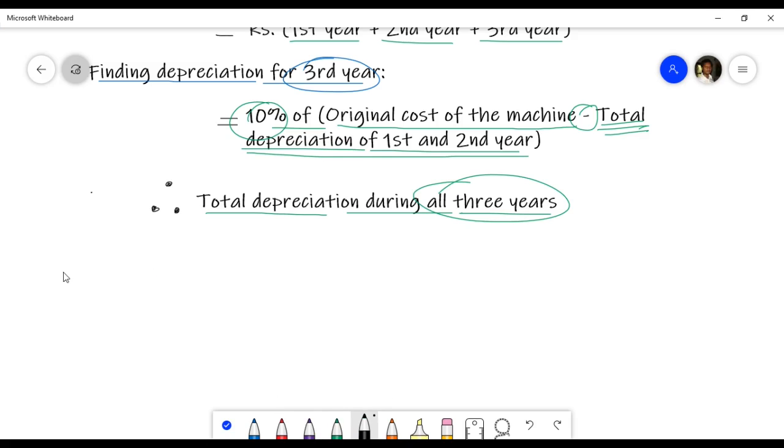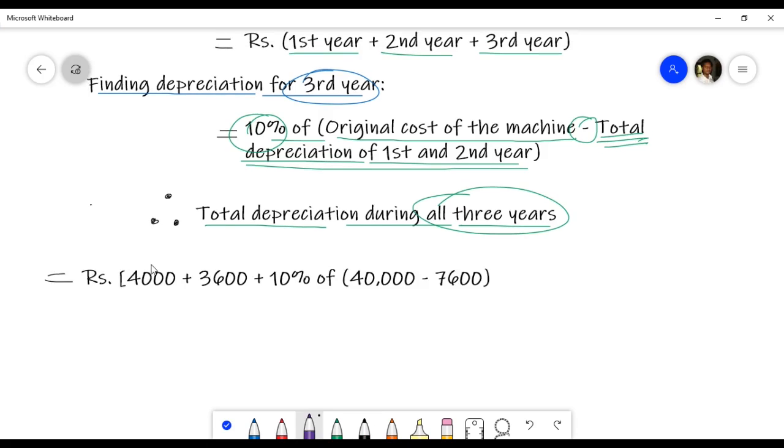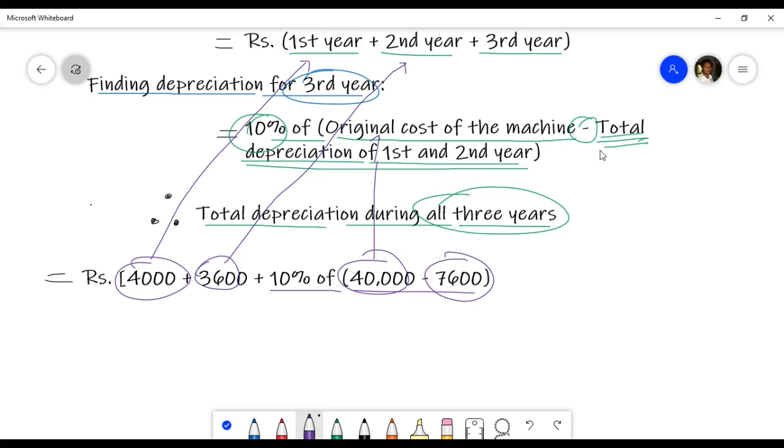Therefore, total depreciation during all 3 years is equal to, we'll put the values here, 4,000, that's the depreciation for the first year, then 3,600, that was the depreciation for the second year, and to find third year, 10% of original cost, that is rupees 40,000 minus total depreciation of first and second year.